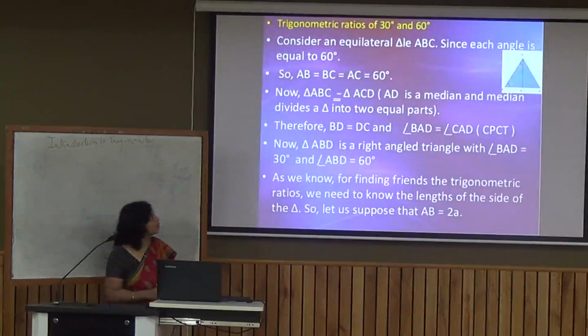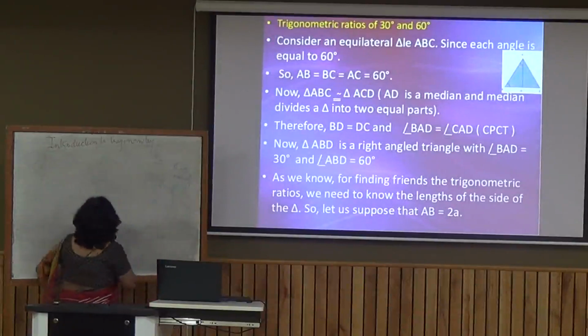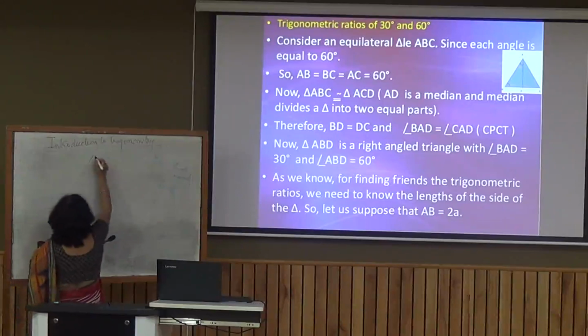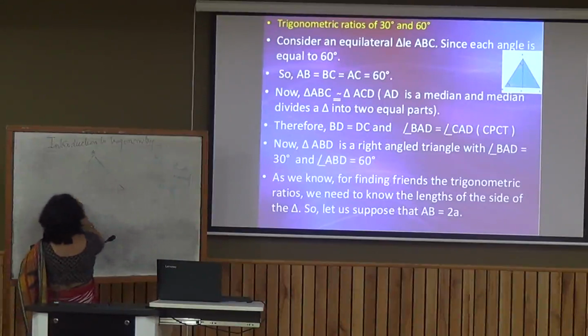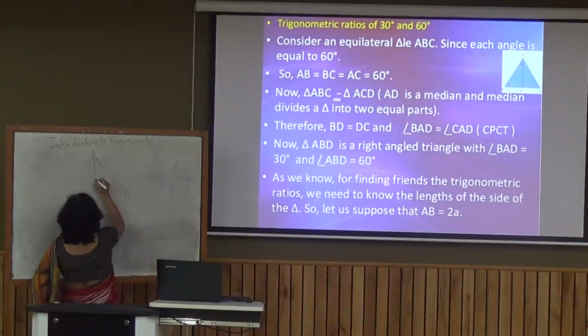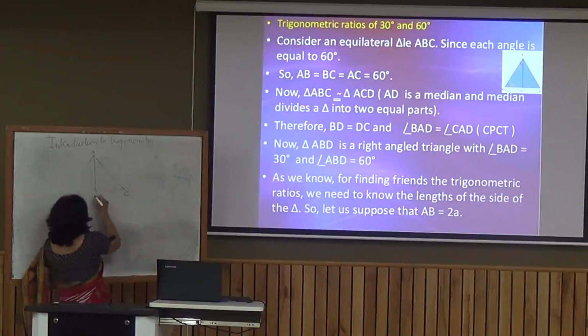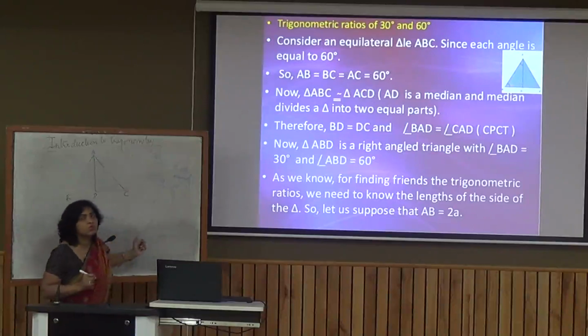Now, to find the trigonometric ratios of 30 degrees and 60 degrees, we draw an equilateral triangle ABC. When we draw the altitude AD on BC from A, AD is the altitude, the median, and the angle bisector also.